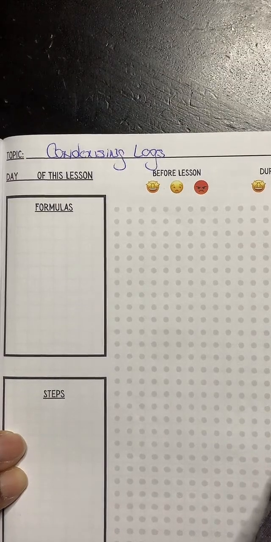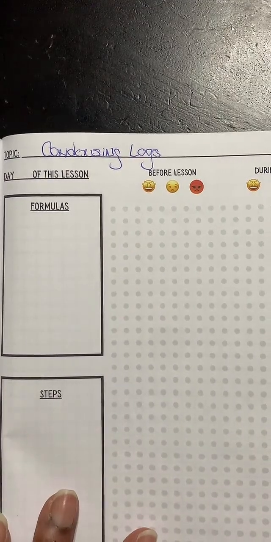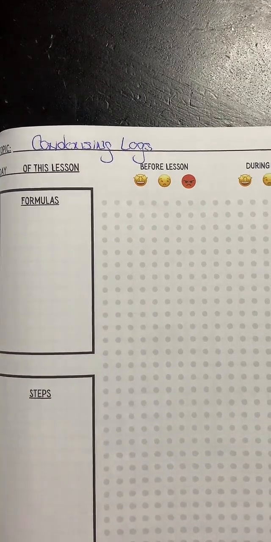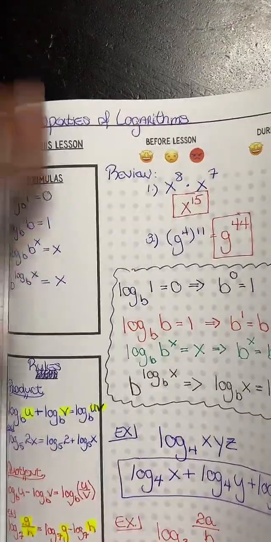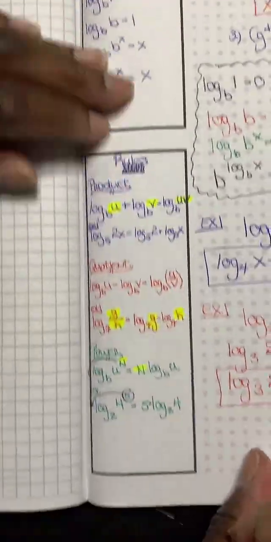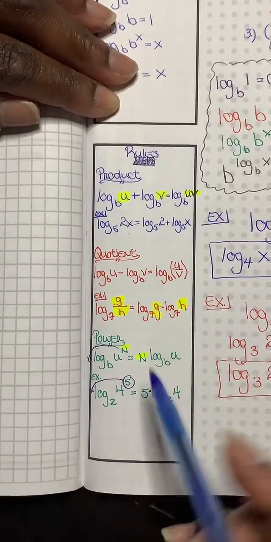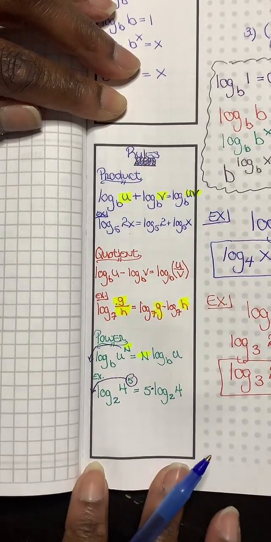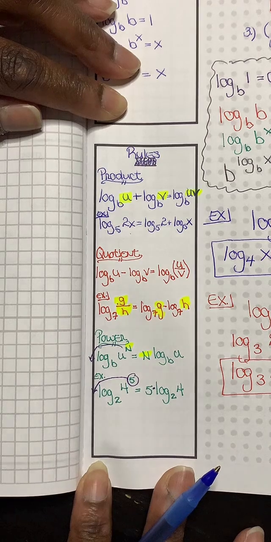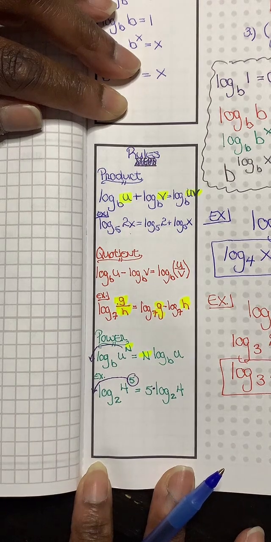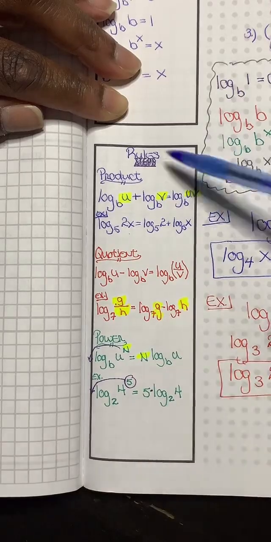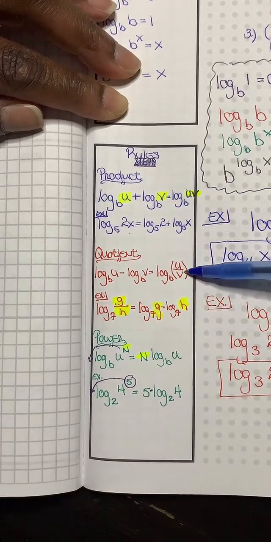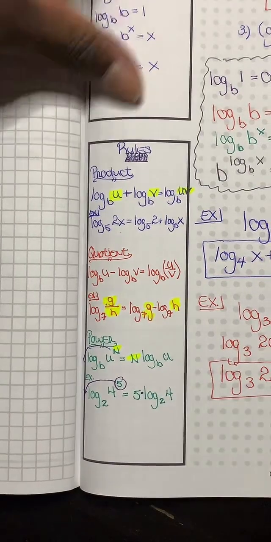Okay. All right. So now we're going to keep those rules in mind. Okay. So here's a fresh look. If you need to take a quick snapshot of it, do it now. You got 5, 4, 3, 2, 1. Awesome. So we got our product rule, our quotient rule, and our power rule.